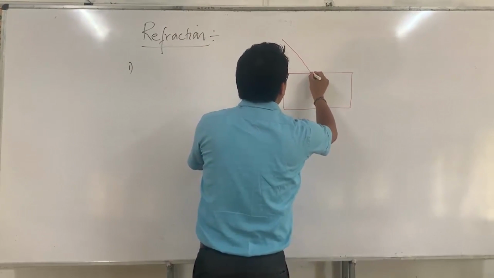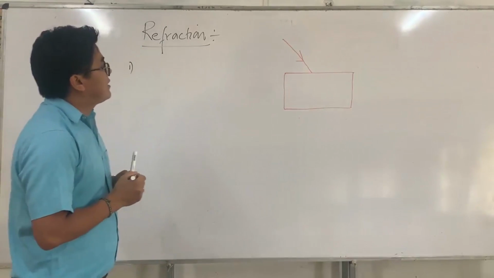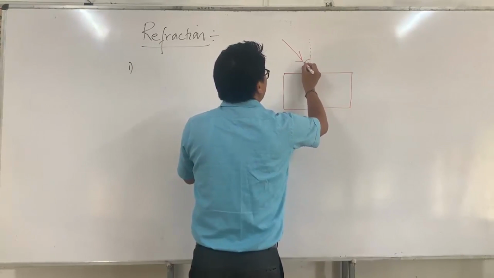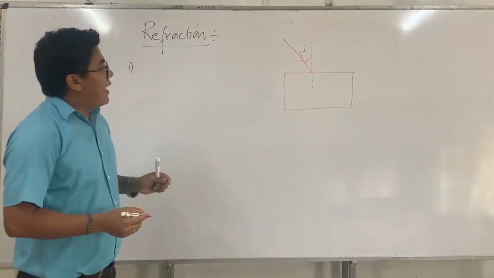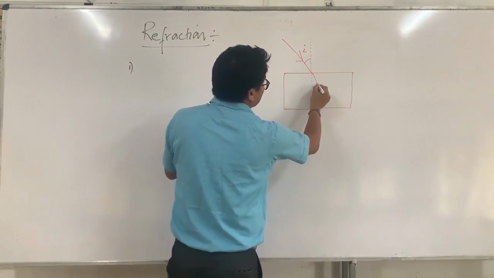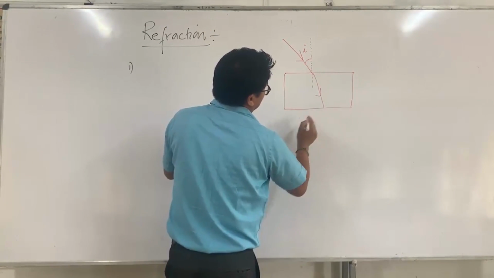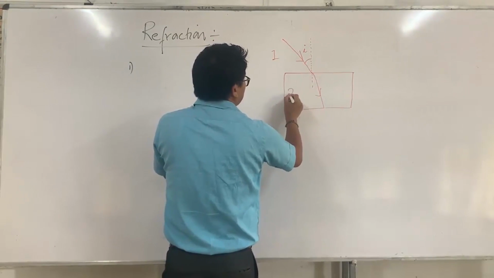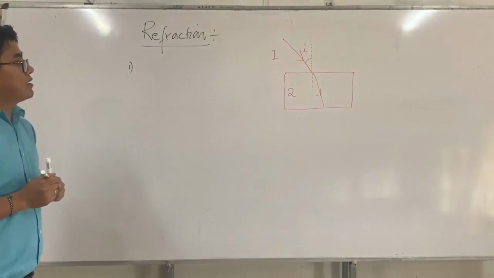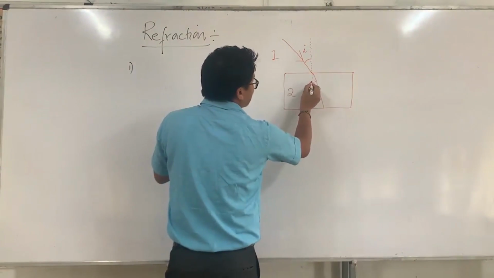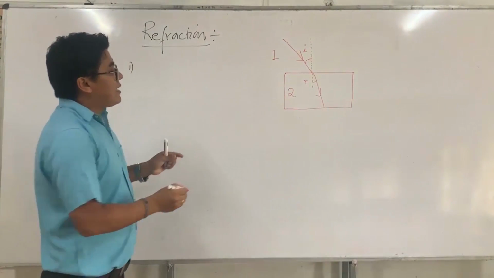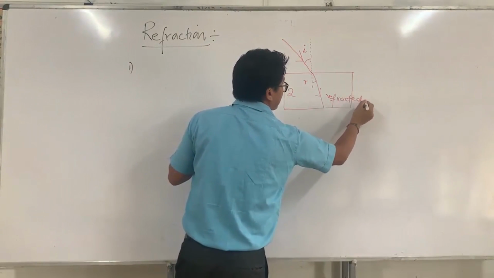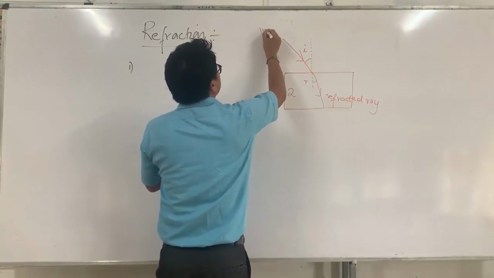This is the incident light, and I'm going to draw a normal, and this is the angle of incidence, and refraction takes place. Bending will take place. Let's say this is the first medium and the second medium. This angle is what we call the angle of refraction. This is the refracted ray. This is the incident ray.